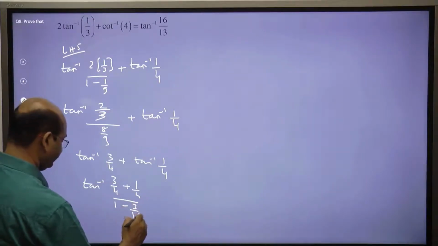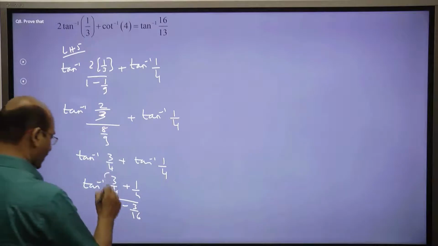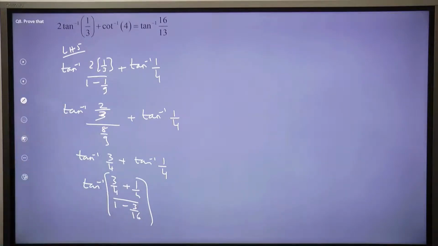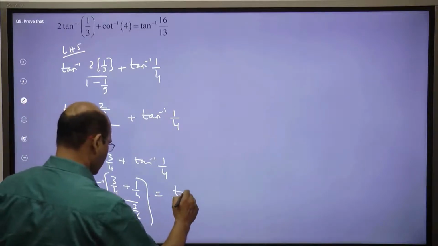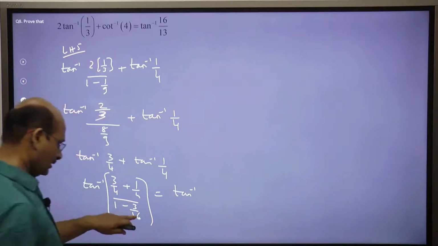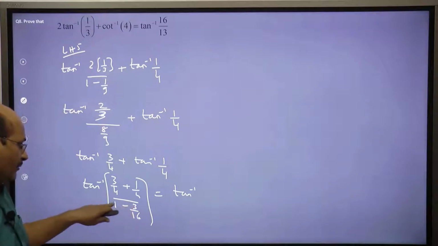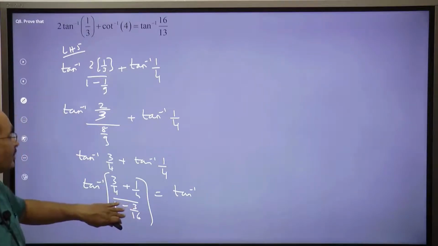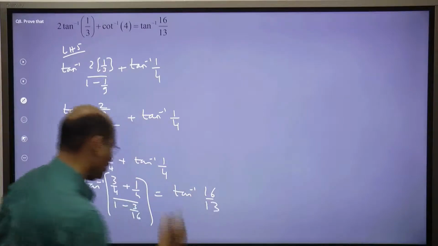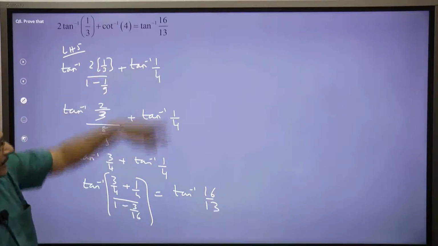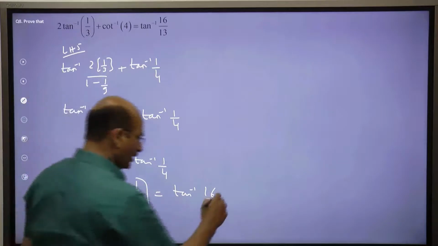Oh, that's a big change there. So let us see what happens. It will become 4 upon 4 is 1. So this is tan inverse, 16 minus 3 is 13 and 16 will go up over there. So it is nothing but 16 upon 13. Don't you see the same thing here? That's the point.